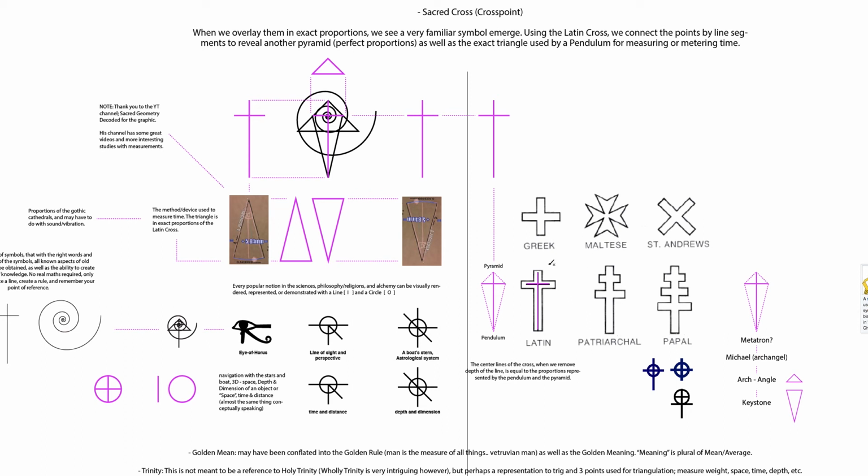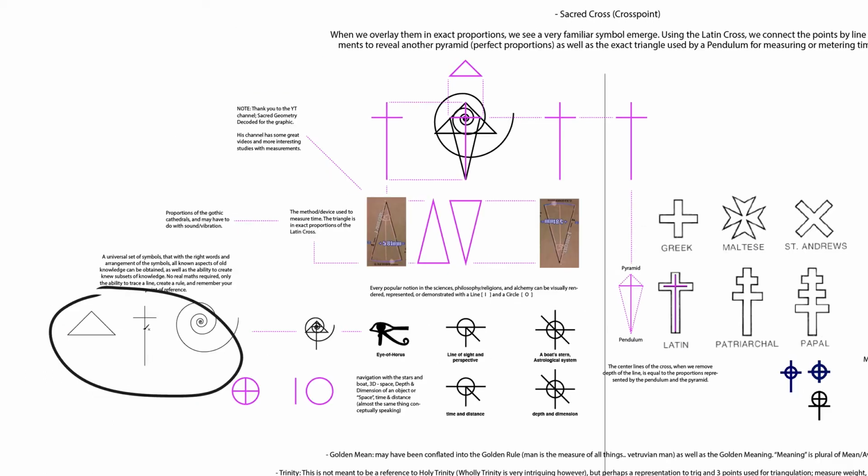We're dealing specifically with the Latin cross here, not because I chose it, but because it actually fits exactly. I started with my decoding of typography and sigils in general. So sigils, just a refresher, I consider the lowercase letters to be sigils.